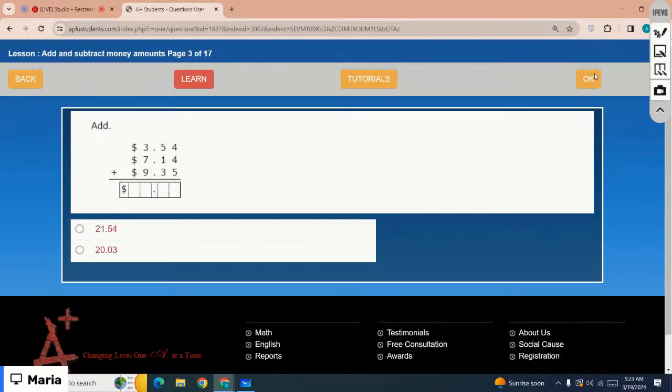Okay, the next one is 3.54 plus 7.14 plus 9.35. So which is the correct option?